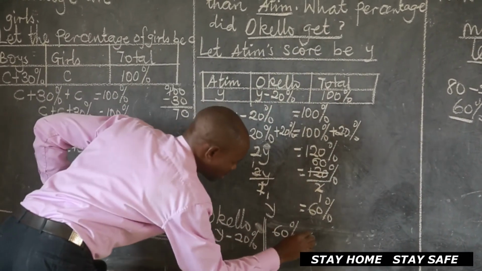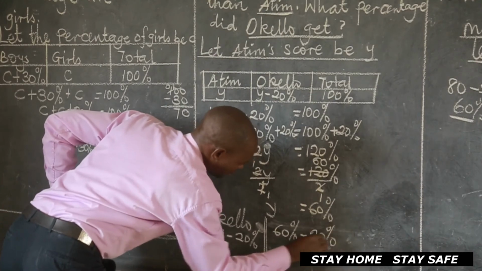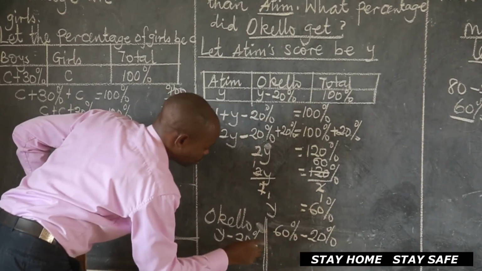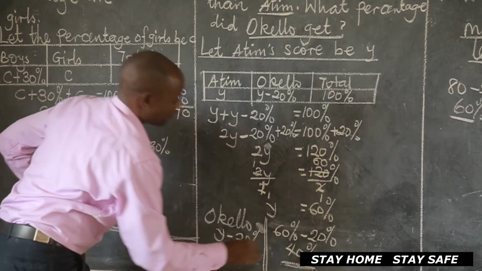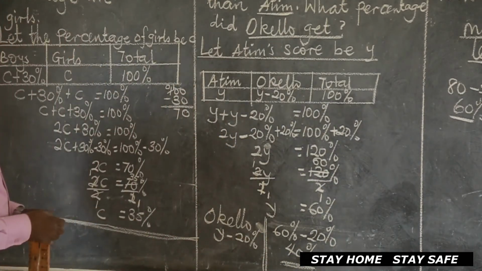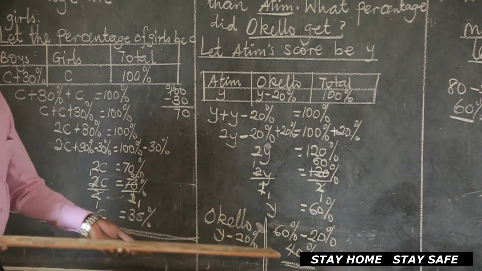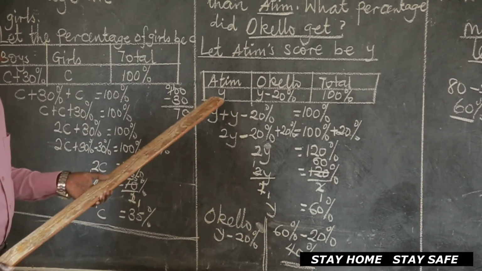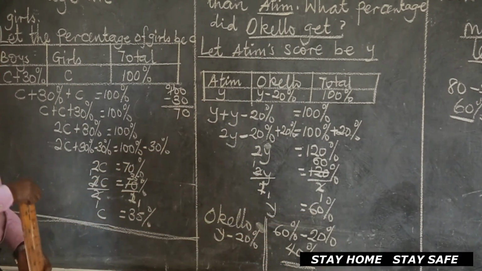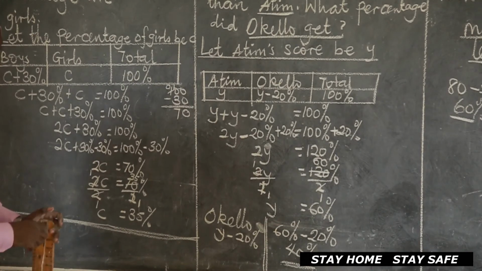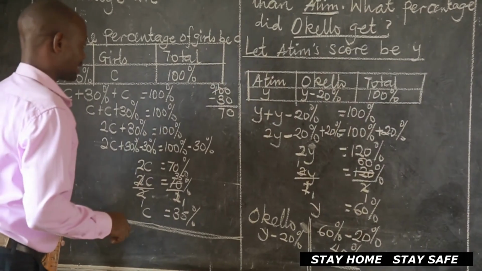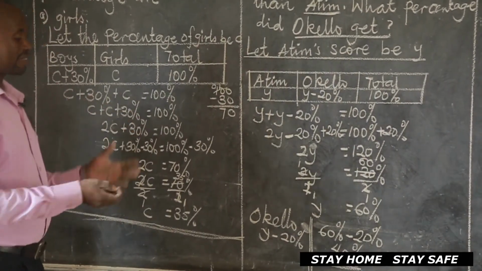You take away 20%. And finally, Okero will have 40%. If you want to prove your calculation, add Okero's percentage to a team's percentage. The total should be 100%.